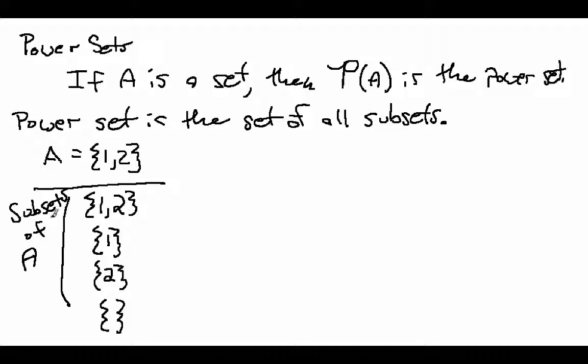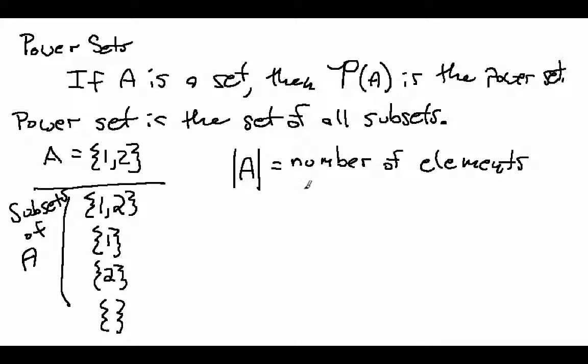And there's a very important property to note here, and we need to talk about this right now. If I have a set A, this represents the number of elements in A. So in this example right here, we would have |A| equal to 2.